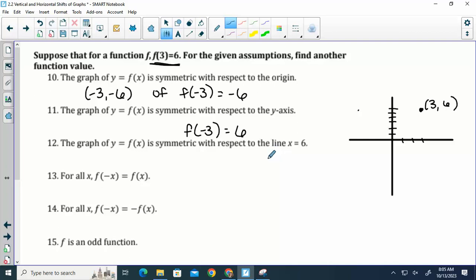If it's symmetric to the line x = 6, x = 6 is right here. If I am symmetric to that line, that means that if I flip my graph over that line, it overlaps itself, okay? So if I took this point and folded it across that red line, where is it going to end up?